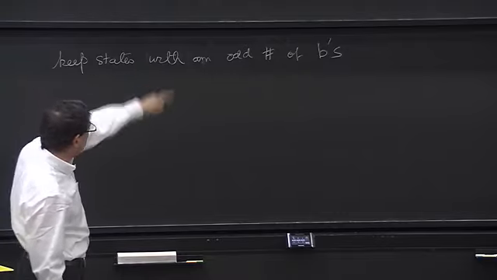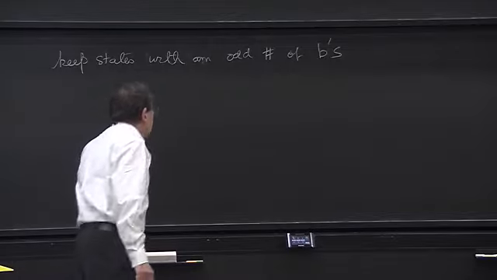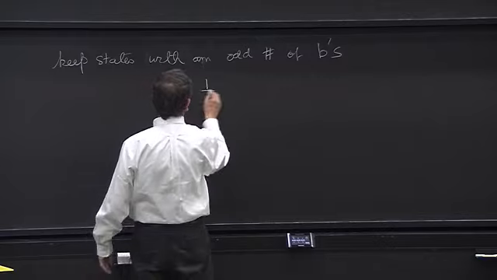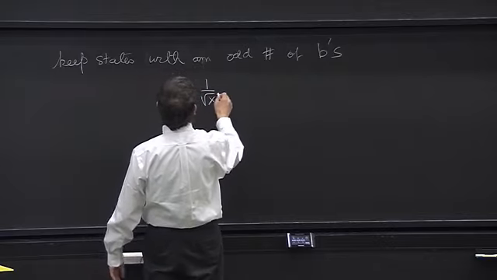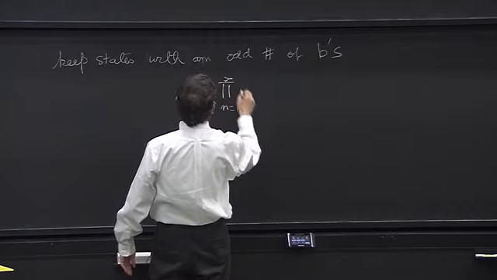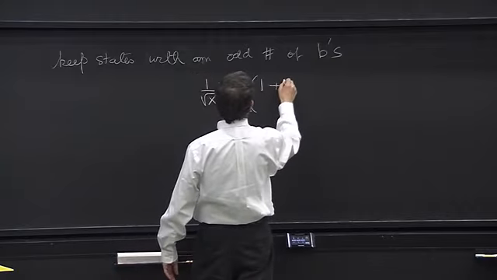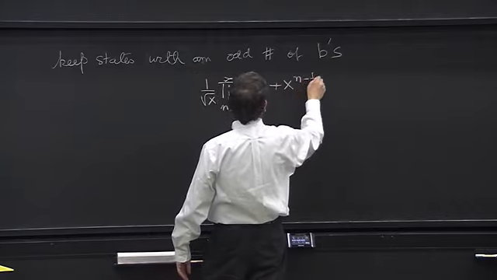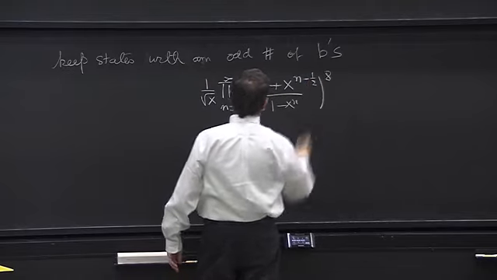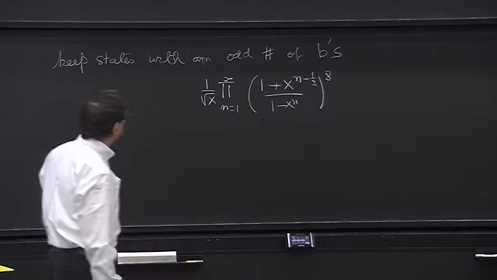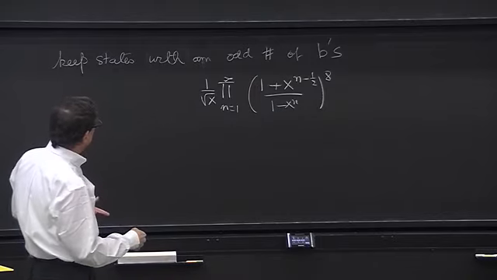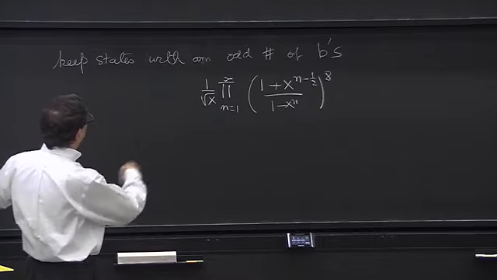So I want to generate this function. So look what I'm going to do. I'm going to take this same function, 1 over the square root of x, product n equals 1 to infinity. Let me write it here. Don't copy it yet. I want to make something so that whenever I have an odd number of b's, I could subtract those states.